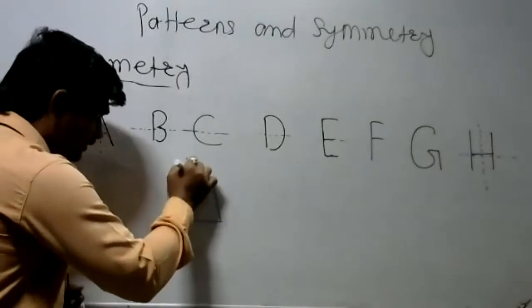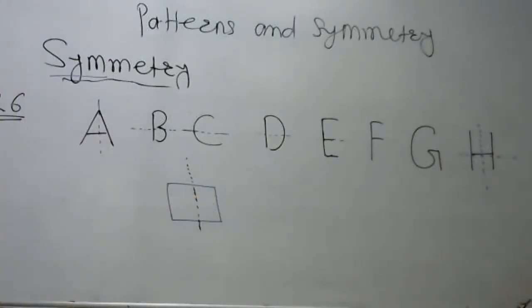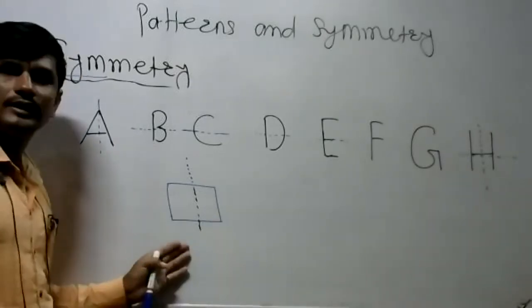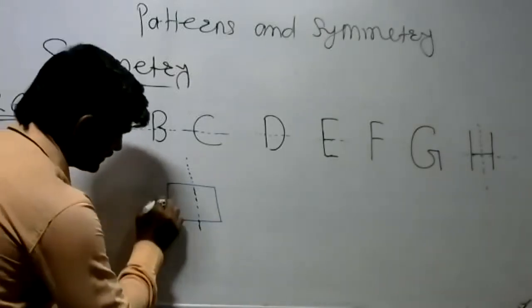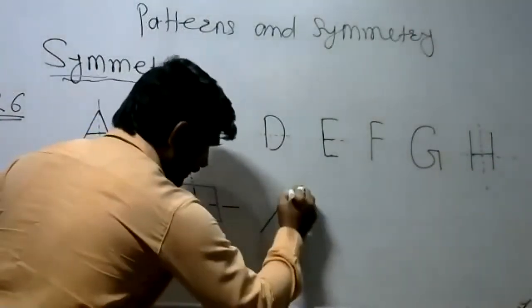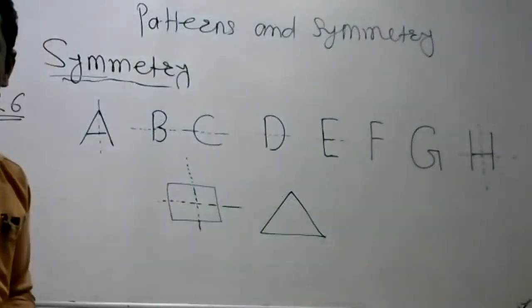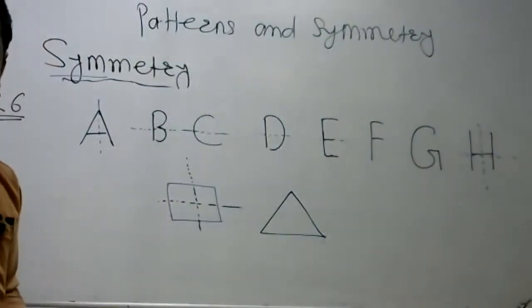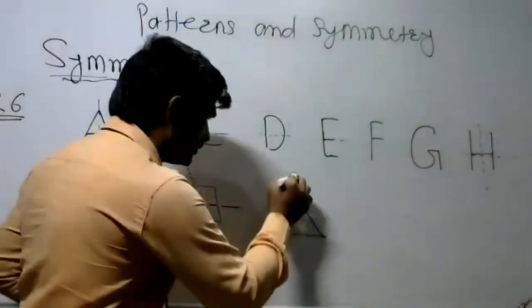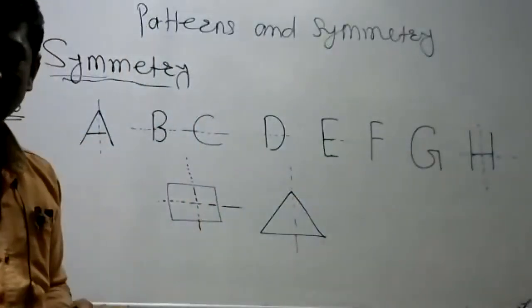If you draw the symmetric line in between, it is also divided into two equal parts, vertically and horizontally. Okay. Also, the triangle, that is the equilateral triangle, means same sides triangle. That triangle is also divided symmetrically, vertically. Understood about this?